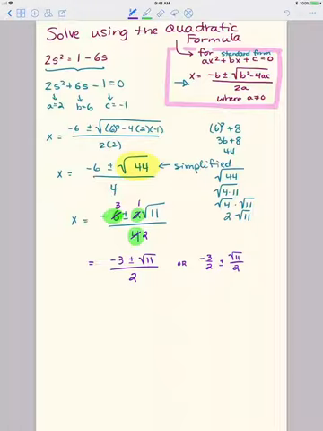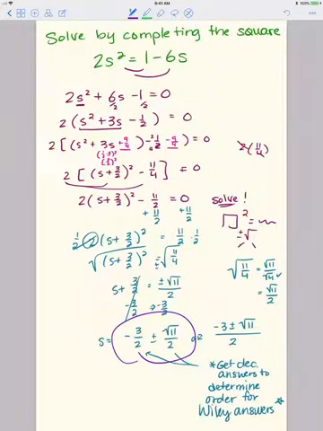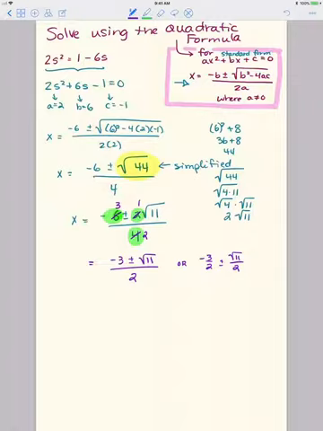But the method that you will have to show is how to use the quadratic formula, or perhaps how to solve by completing the square. So you need to be able to solve using either one of those methods, knowing you can use either one of them to get the answer or graph it to get the answer, but you have to know how to show the solving of that method by hand. And that is the completing the square method and then the quadratic formula method.